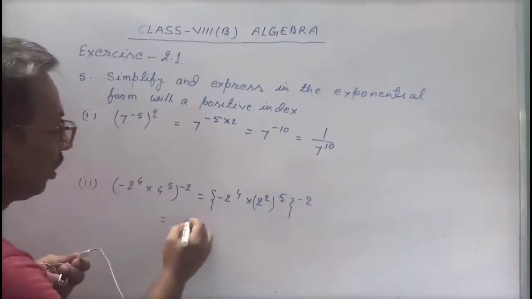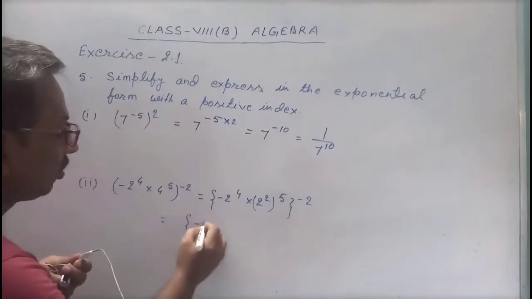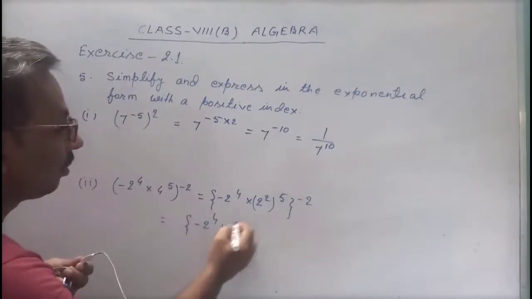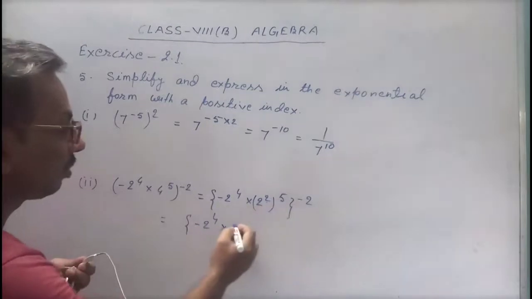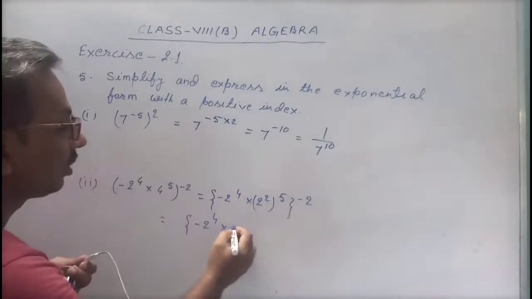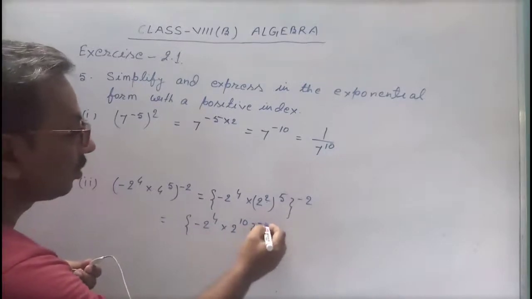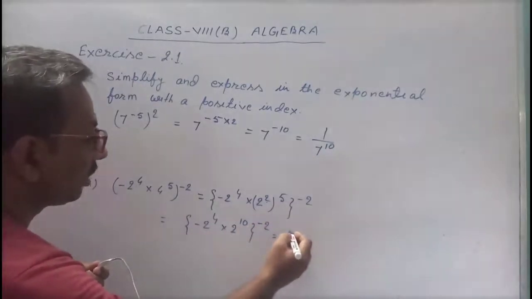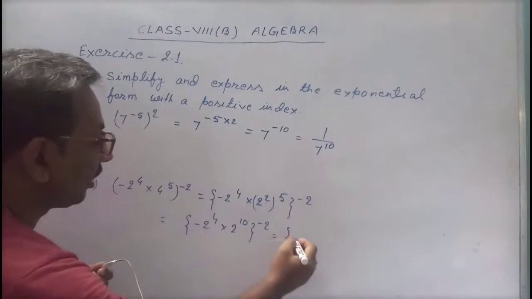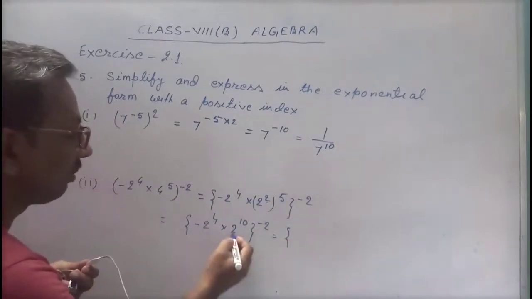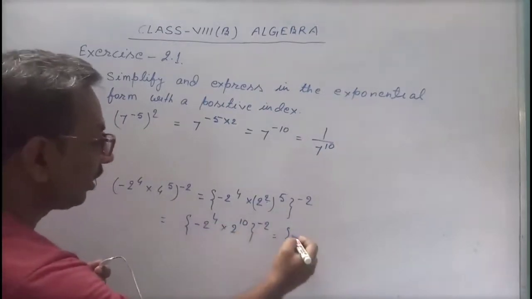So here minus 2 to the power 4 into these two are power upon power, so those two powers will be multiplied. 2 to the power 5 into 2, that is 10, and inside the bracket these two are in the form of multiplication, so the powers will be added.